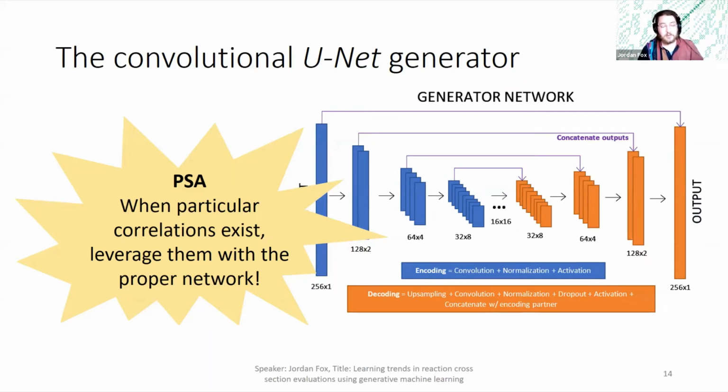To put that another way, I guess we would have a lot of parameters that just didn't matter that much, because they're associated with correlations that we know are not important. So in this case, the convolutional unit is I think the proper choice. That's my PSA.